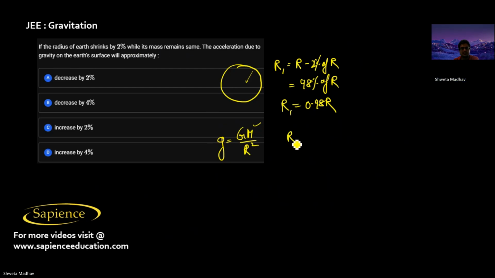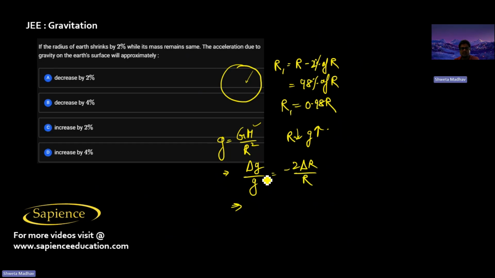Now, when the radius of the Earth decreases, the value of g will increase. Since the amount of decrease is very small, I can say that delta g by g is equal to minus 2 delta r by r.